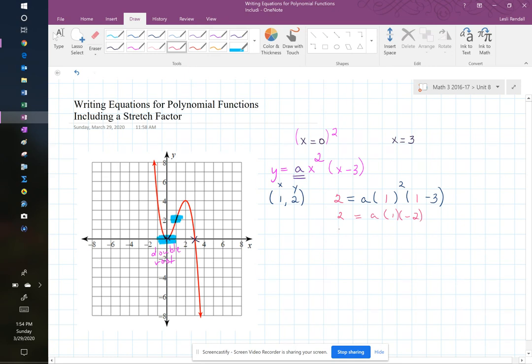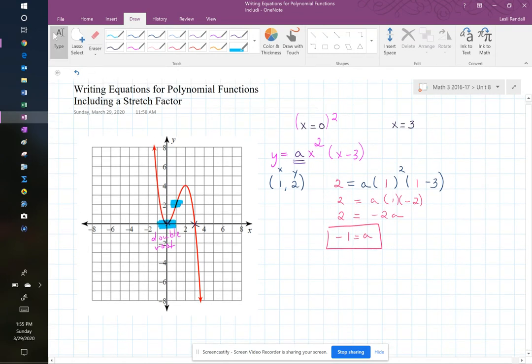We can simplify that right-hand side to negative 2a, and when we solve, we get a is negative 1. We didn't have to make it negative, because it does go down from left to right, so a had to be negative, but by solving for the value of a, it fixed it for us. Don't forget you do need to go back and plug that in. So we have y equals negative x squared times x minus 3.